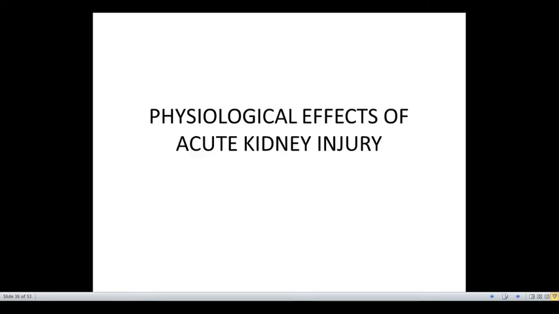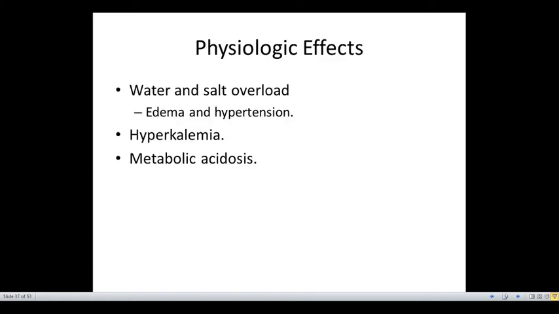Now let's study physiological effects of acute kidney injury. A major physiological effect of acute renal failure is the retention of water, waste products of metabolism, and electrolytes in the blood and extracellular fluid.